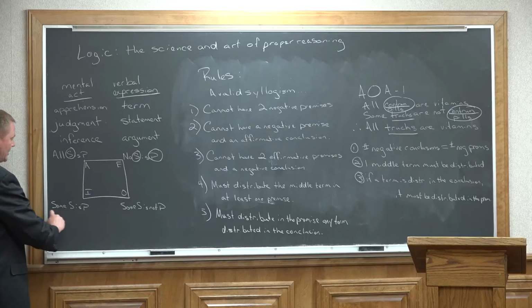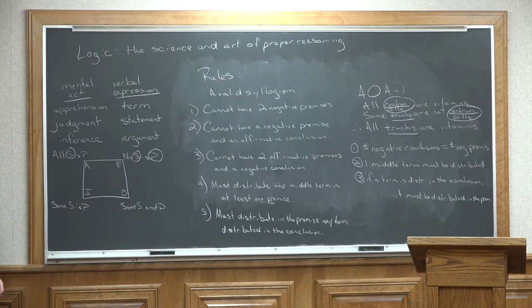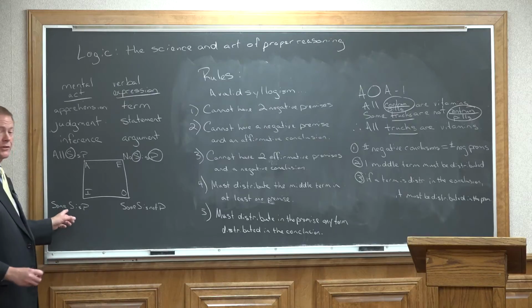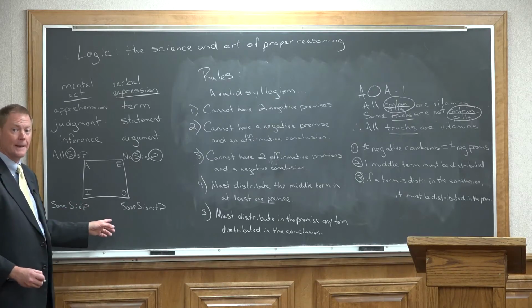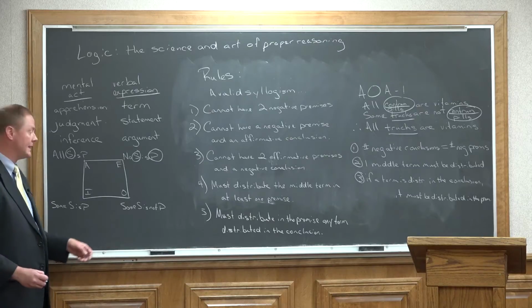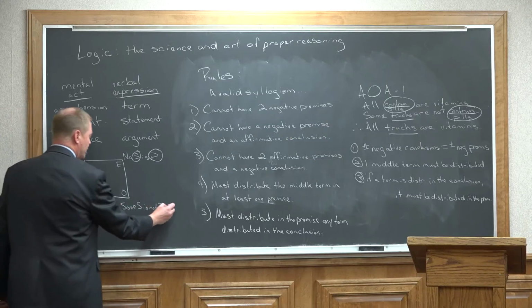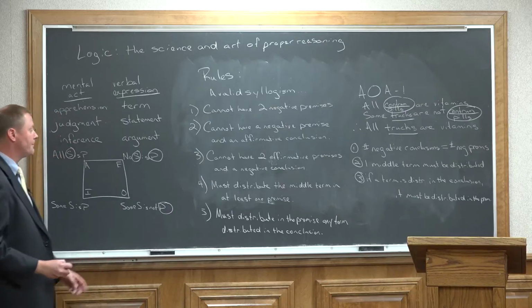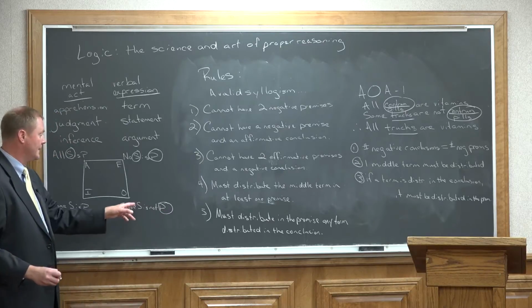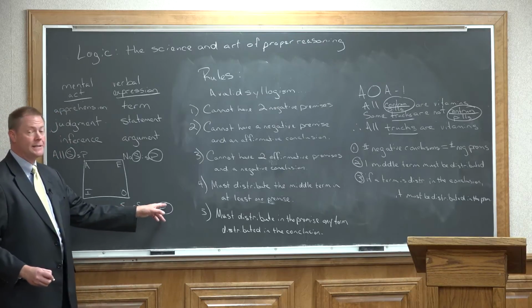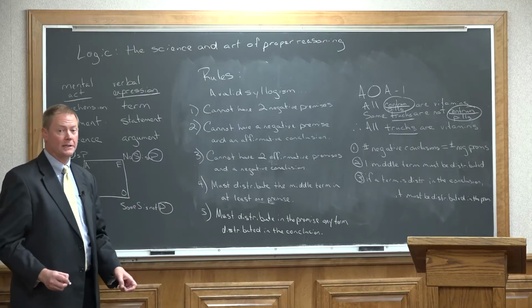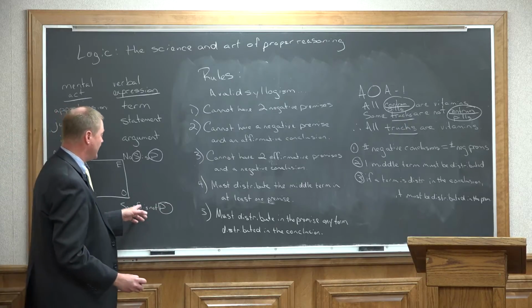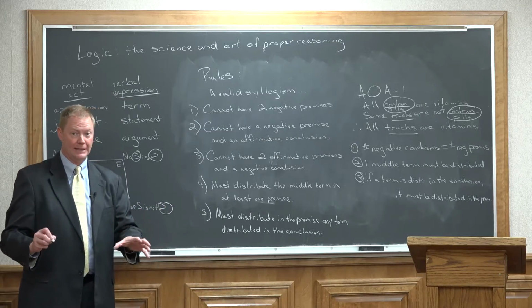In this I statement, no term is distributed. In the I statement, we're referring to some of S, and we're referring to part of S that is P. So part of P. In this statement, the O statement, the P is distributed. Some S is not P. The not refers to all of P. So some S is not any of P at all.